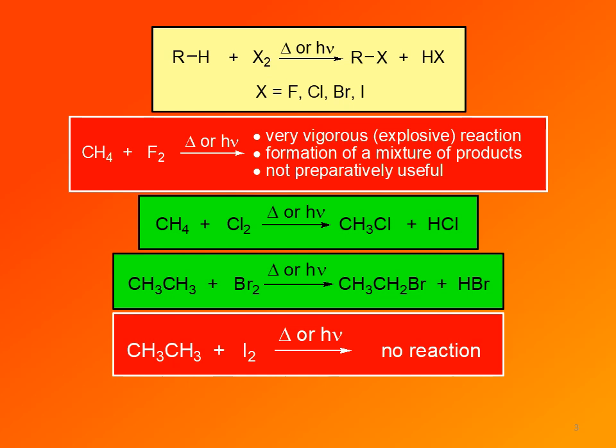So there is no reaction here, and this is an exception. This is actually a limitation of the method. So in conclusion, only substitution reaction with chlorine and bromine provides useful results. Reaction with fluorine is too vigorous, and reaction with iodine does not work.